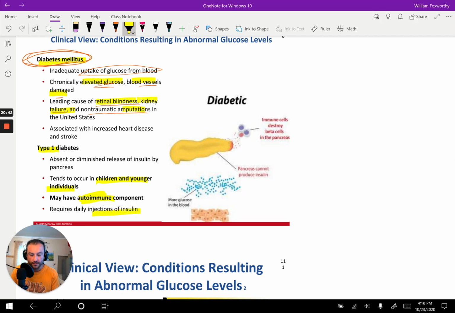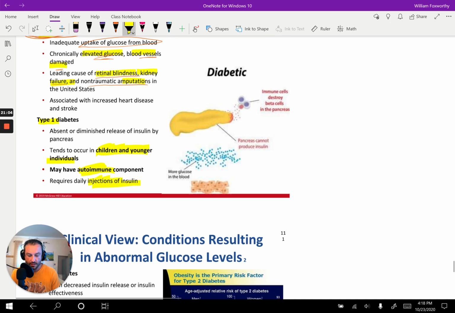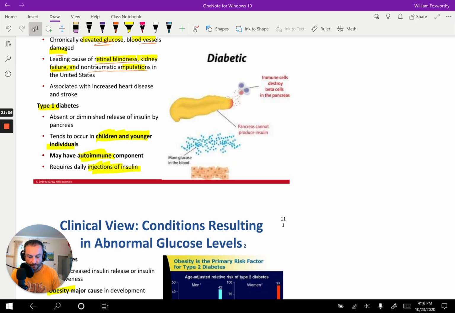And that tends to occur in children and younger people. People with type 1 diabetes require daily injections of insulin, and so you'll see people with type 1 diabetes constantly monitoring their blood glucose levels, like with a pinprick, and they measure blood glucose levels, and then if they fall low, they will need to inject insulin.